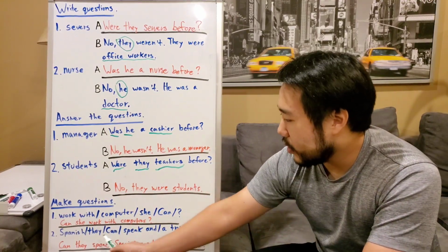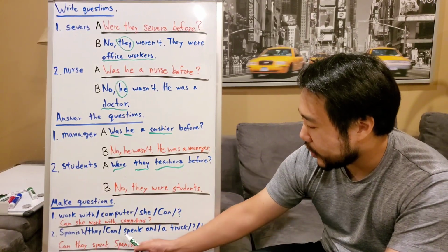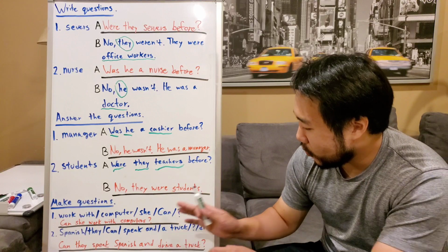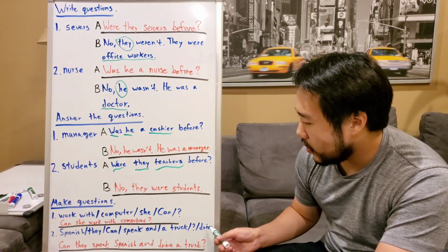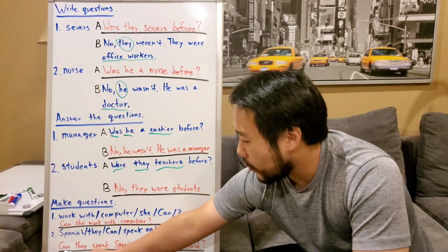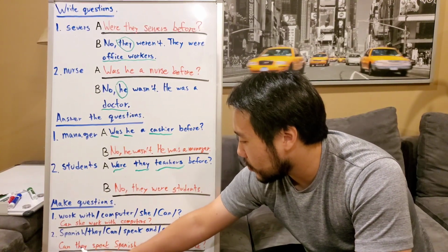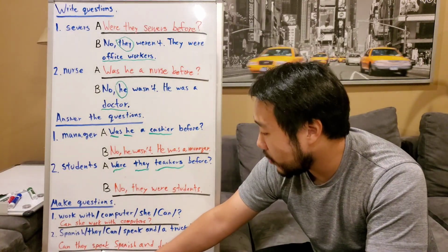And for this one, Spanish, they, can, speak, and here is one phrase here, a truck, question mark, drive. And then if we rearrange it, can, remember it's at the beginning of the sentence, we have the subject they. Can they speak, speak is a verb, right?